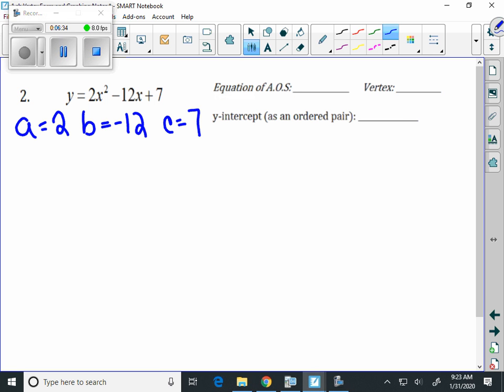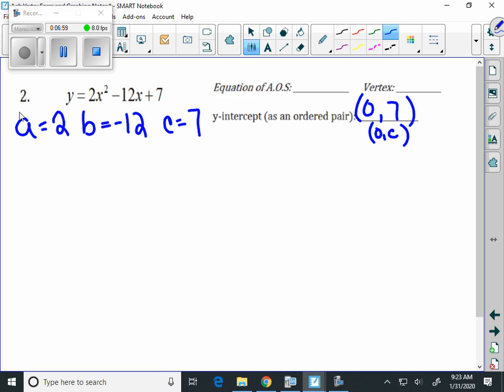But let's start off with the y-intercept because it is the easiest one, conceivably, if you know the formula. It's (0, c). We just listed what a, b, and c equal, so this is going to be (0, 7). That's where the graph crosses the y-axis.